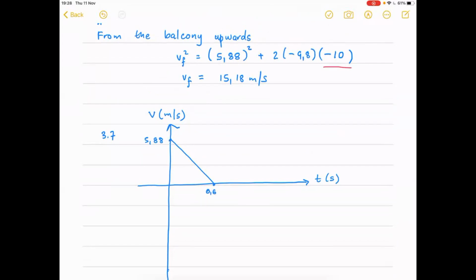Then the velocity decreases, but they're all positive until it gets to 0.6. After it reaches the maximum height, then what happens? It starts coming downwards. So now the velocity is in the negative direction, so below the x-axis. And it keeps going, but now it must be a straight line.